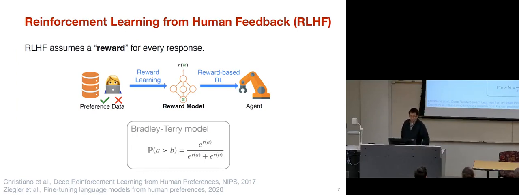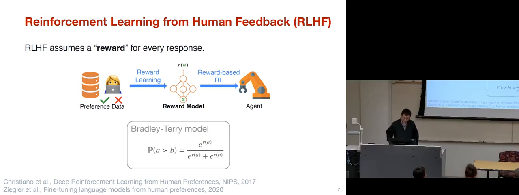When we talk about RL from human feedback, this is the typical process. I have already briefly mentioned it. We have some preference data set, and then we assume some underlying model for pairwise comparison. For example, we can assume this pairwise comparison follows the Bradley-Terry model.